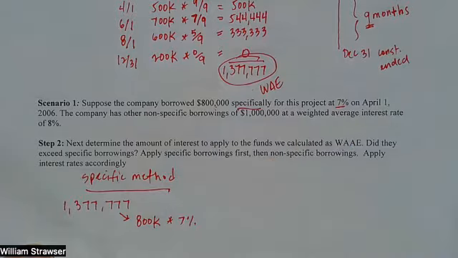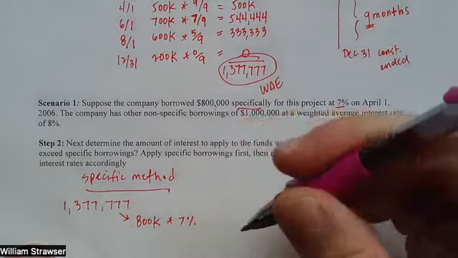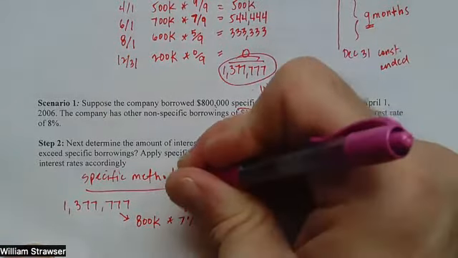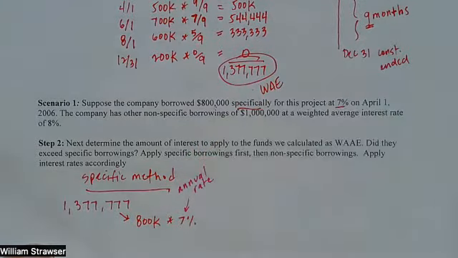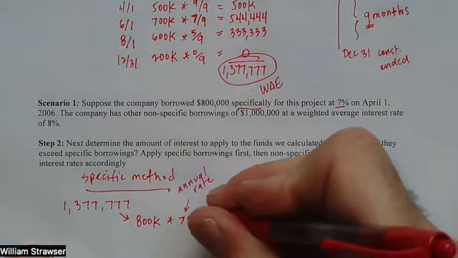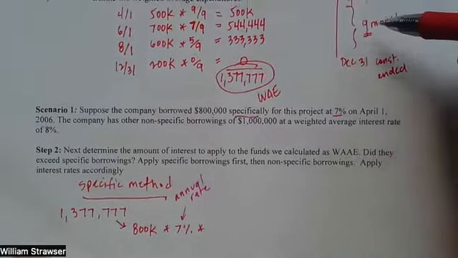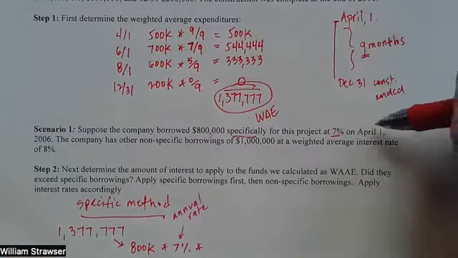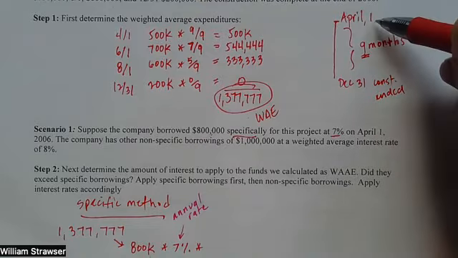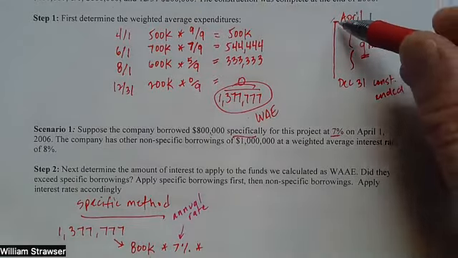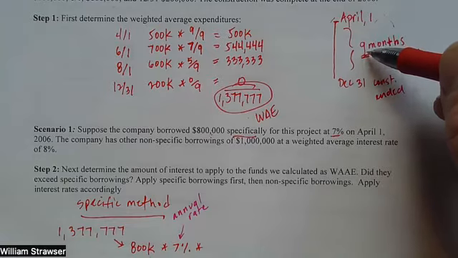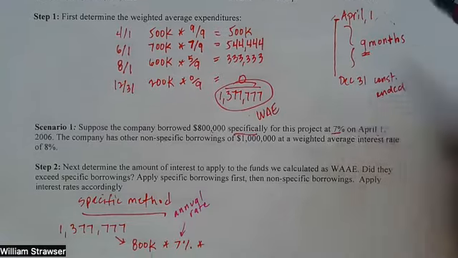Now remember, this is an annual rate. So we can't capitalize the full 7% because construction started April 1st and we only took this loan out on April 1st. So for any loan borrowed, our ability to capitalize interest would be 9/12 of that amount.